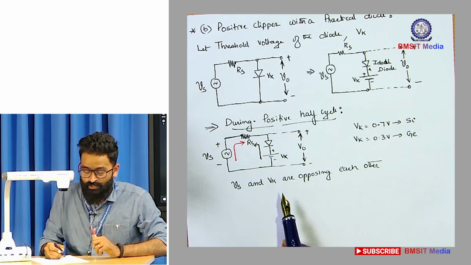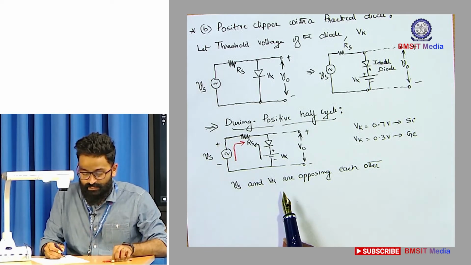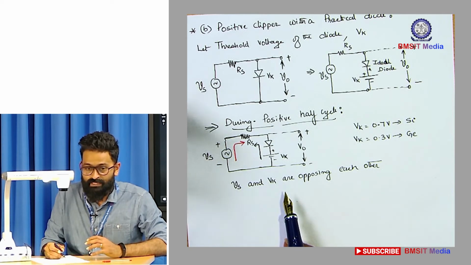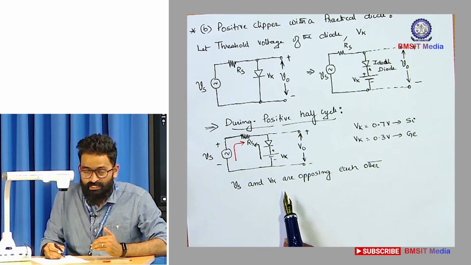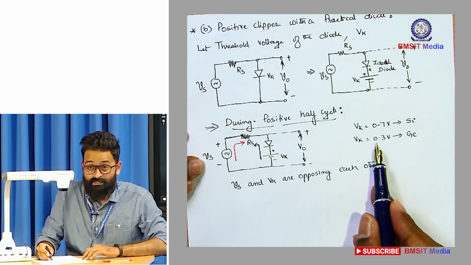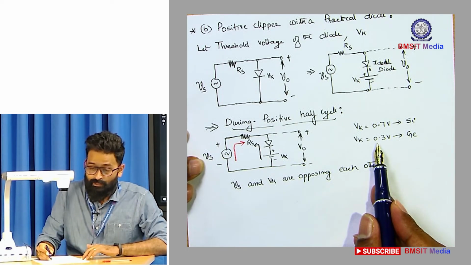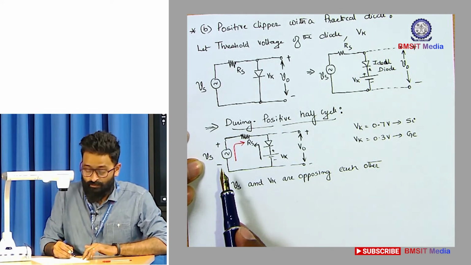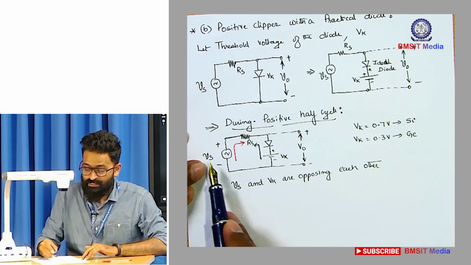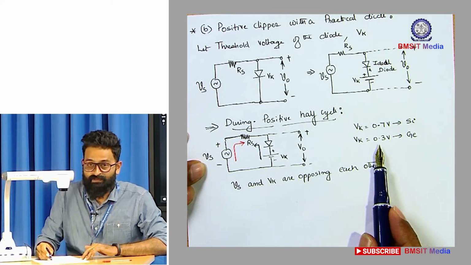So in order to explain the circuit operation in this case, you have to consider the instant at which the input voltage source is less than the fixed DC potential, and also the instant at which the instantaneous value of Vs is greater than the fixed potential.